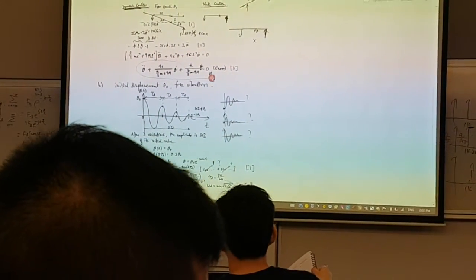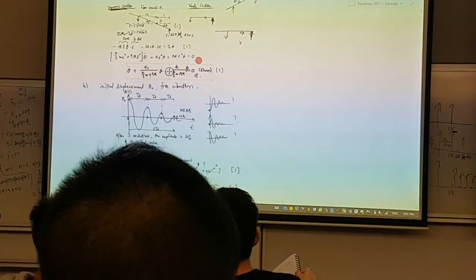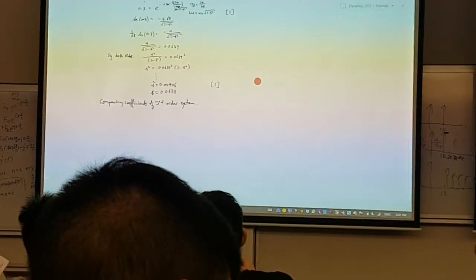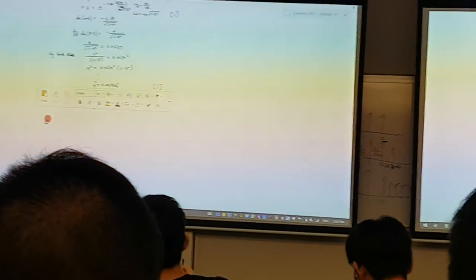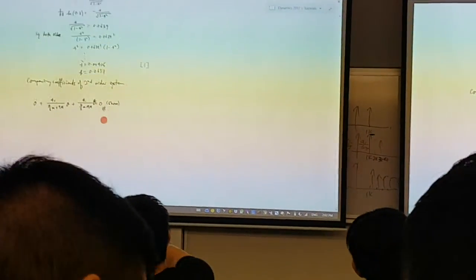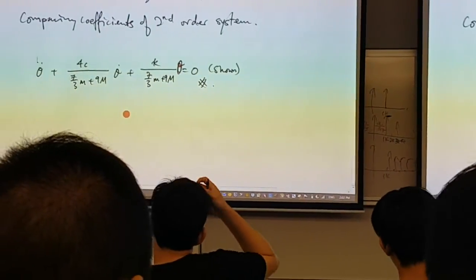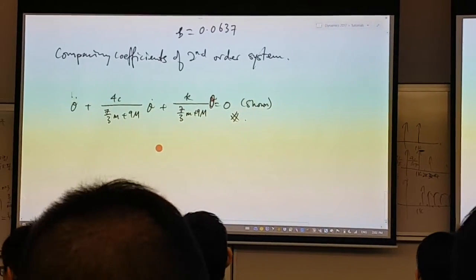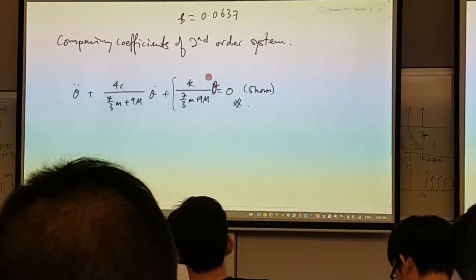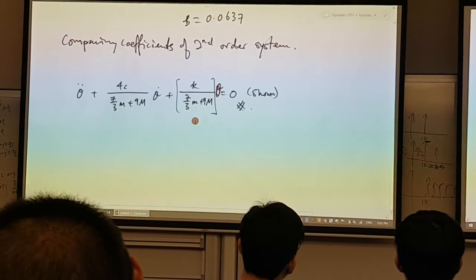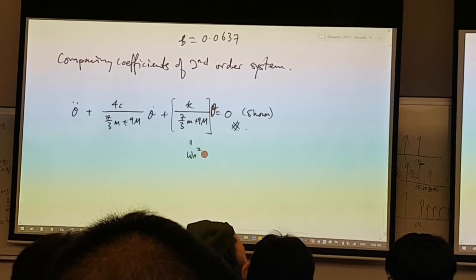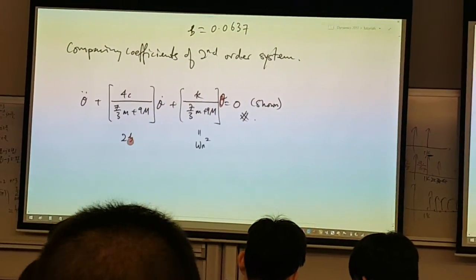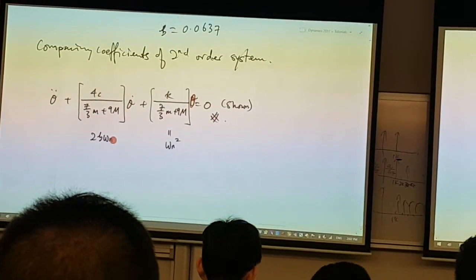So what I'm going to do is copy that and put it down here. That was the standard form. So we know that this part over here is equal to omega n squared. This part here is 2 zeta omega n.